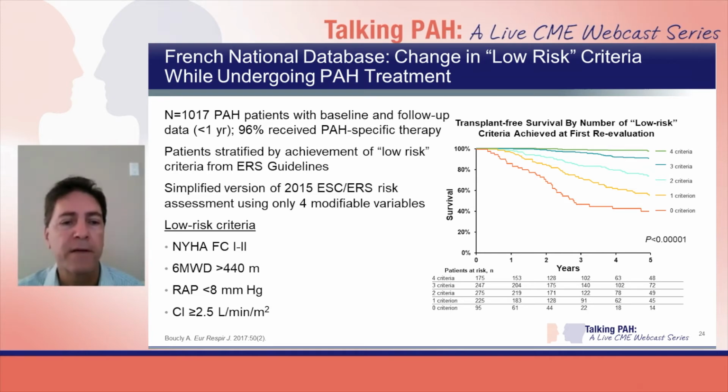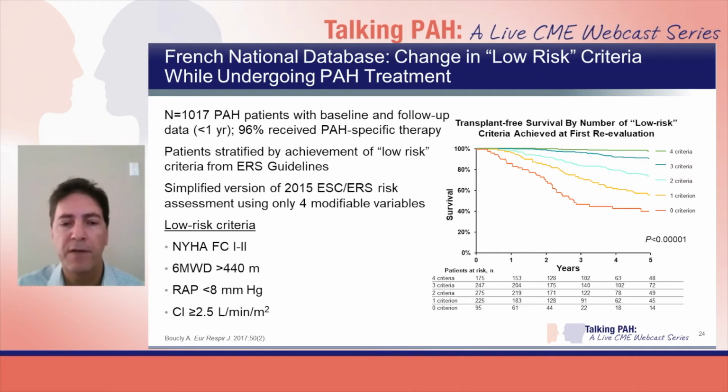So if you look at the criteria, getting to low risk means anything functional class 1 or 2, a walk distance greater than 440, a right atrial pressure less than 8, and a cardiac index of greater than 2.5. If you have all 4 out of 4 criteria, you have close to 100%, very high 90s, 5-year survival. However, if you have 0, then you have close to 40% 5-year survival.